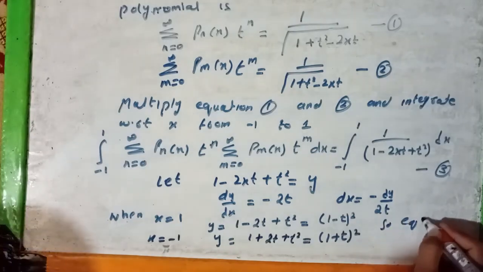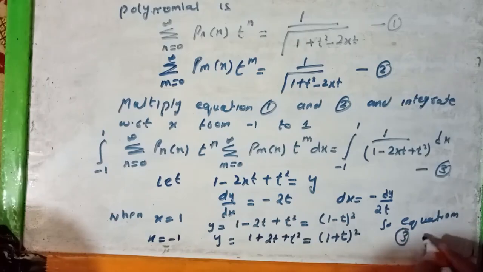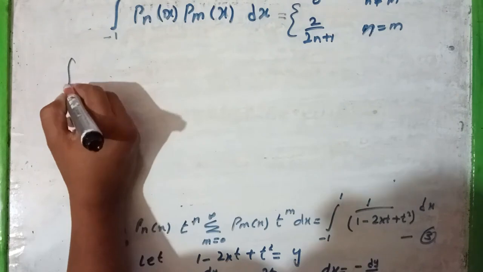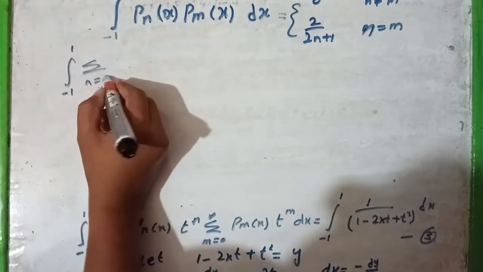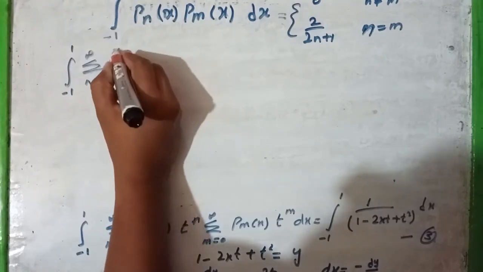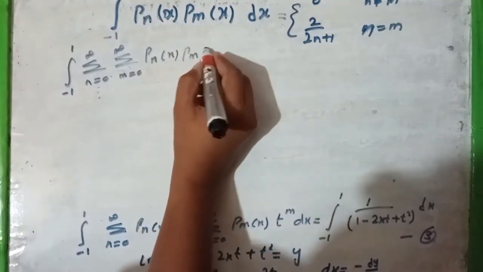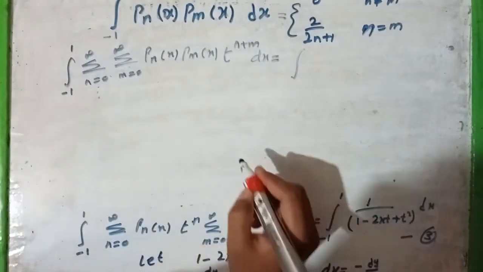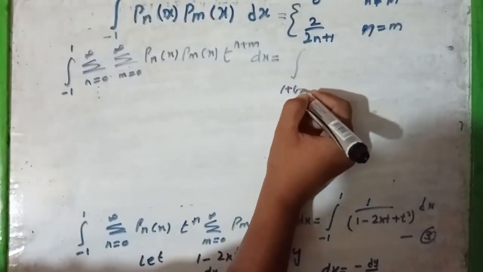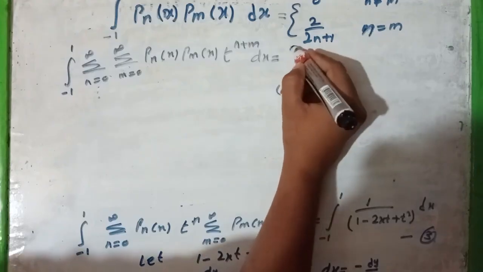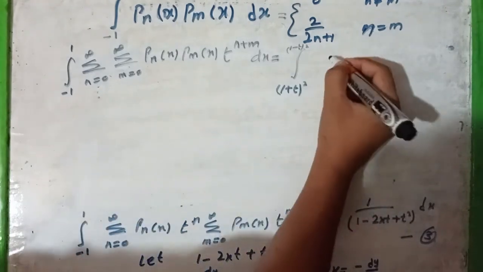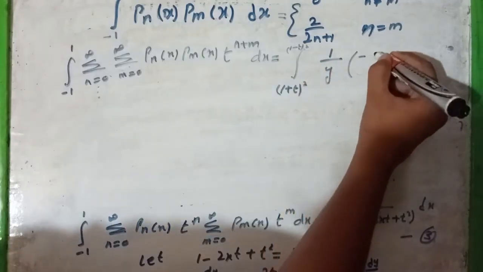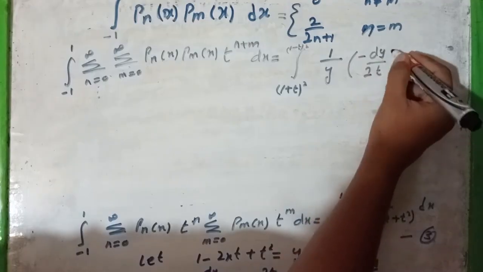So equation 3 becomes integral from -1 to 1 summation n is equal to 0 to infinity summation m is equal to 0 to infinity P_n(x) P_m(x) t raised to power n plus m dx is equal to integral from (1 plus t) whole square to (1 minus t) whole square of 1 over y, and dx is equal to minus dy over 2t.